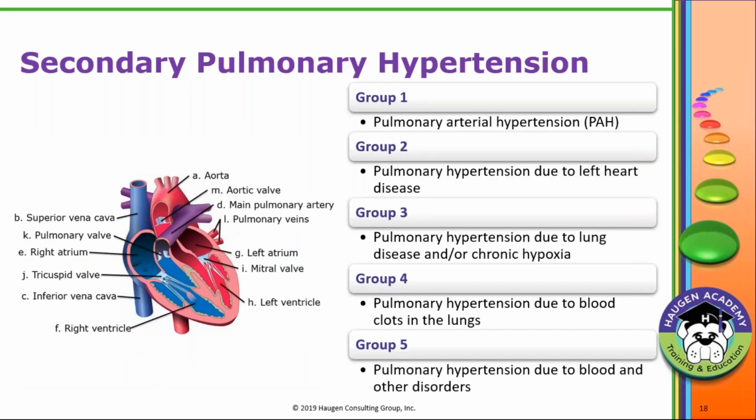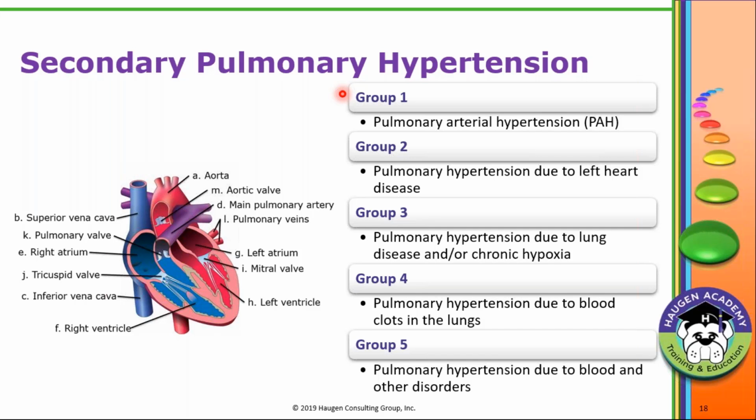So the types of pulmonary hypertension. I have the header here saying secondary pulmonary hypertension, but technically group 1 is primary. Pretty much all of our pulmonary hypertensive categories are due to another condition, something other than unknown.